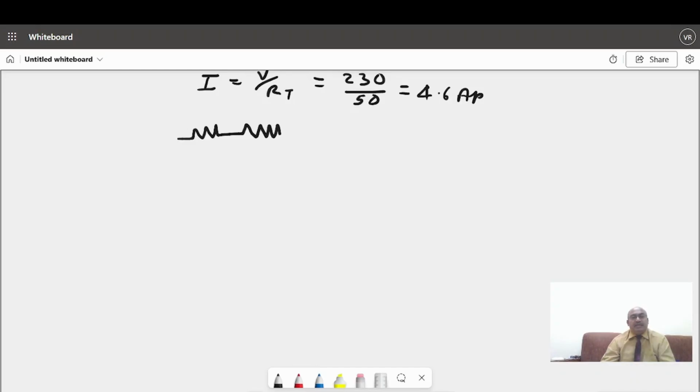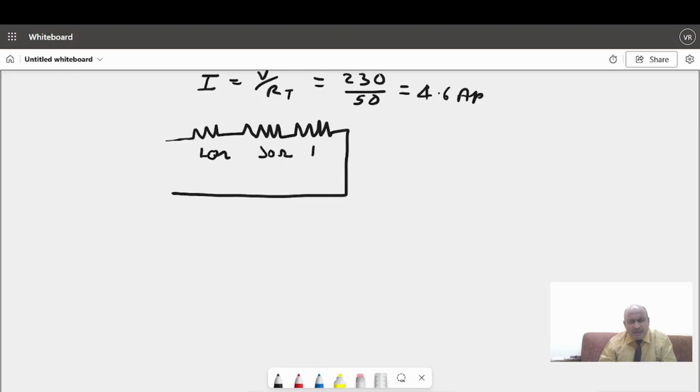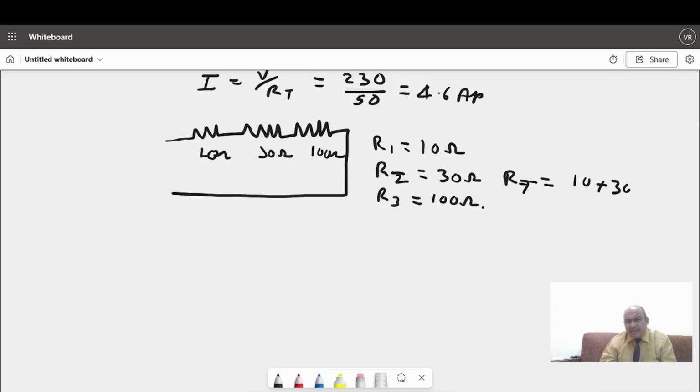Take three resistances as an example: R1 is equal to 10 ohm, R2 is equal to 30 ohm and R3 is equal to 100 ohm. To calculate the total resistance, RT is equal to 10 plus 30 plus 100, which is 140 ohm.